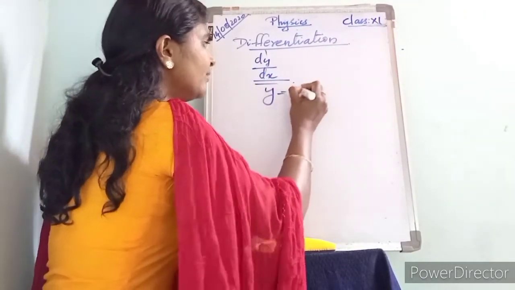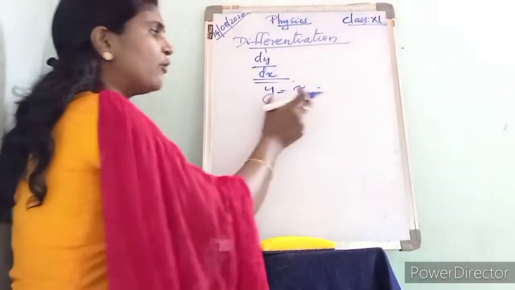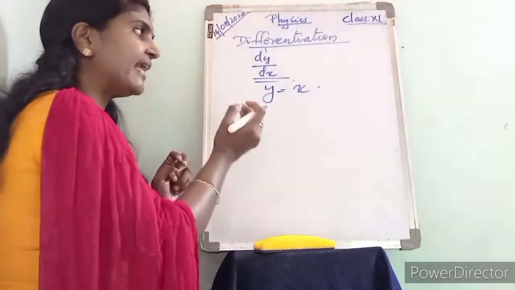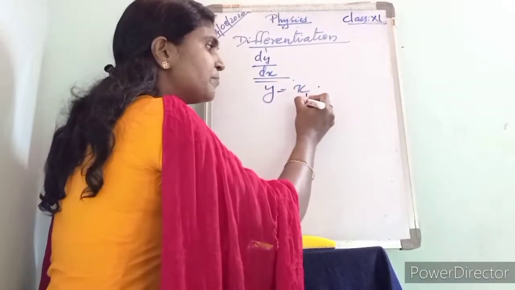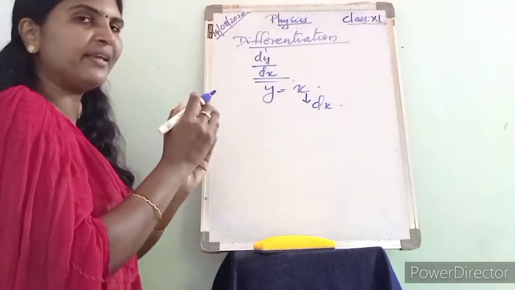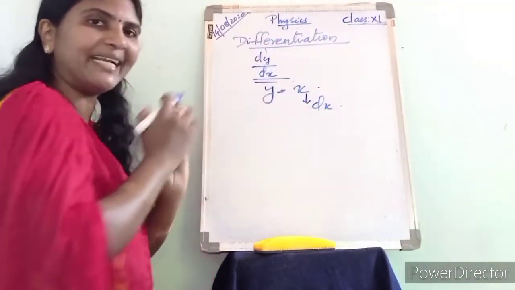Y equal to x. Here y and x are variables. Suppose we increase x by dx, that is, we change x by dx.